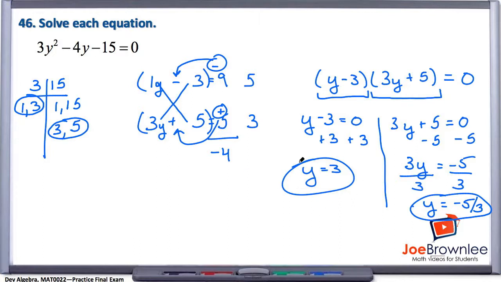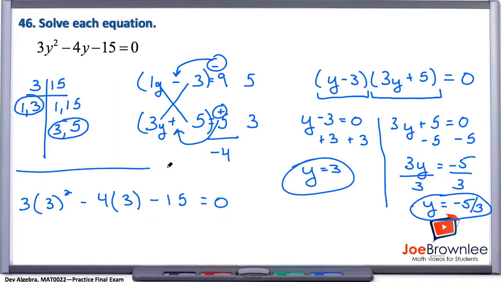So I'll go ahead and show that just for the y equals 3 here. All right, so we have 3y squared, but in this case we're going to say 3 times 3 squared because we're plugging in this y value, minus 4 times y, but we now know what y is, minus 15 equals 0. And again, this is the check, so I'll kind of section that off.